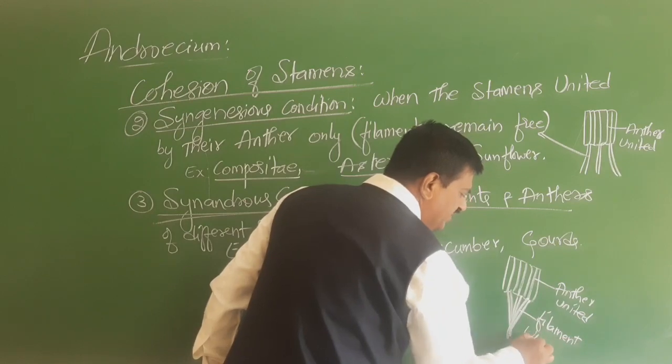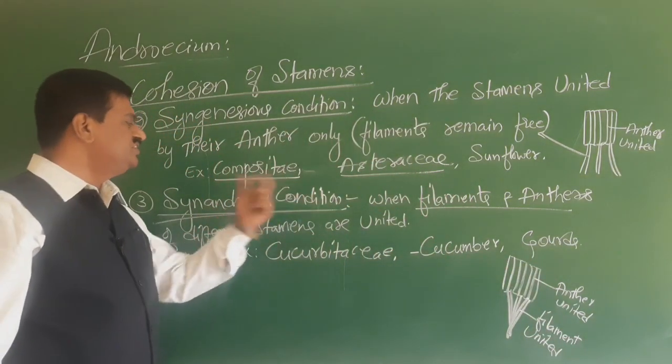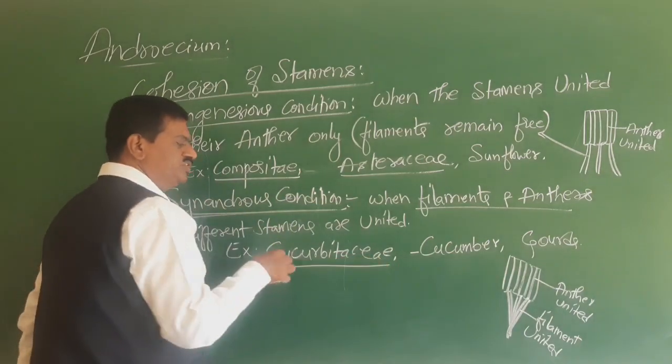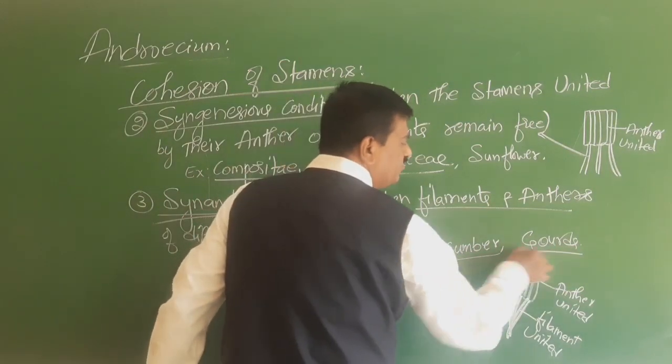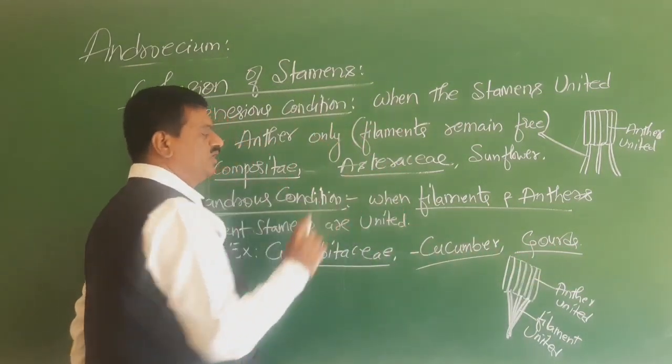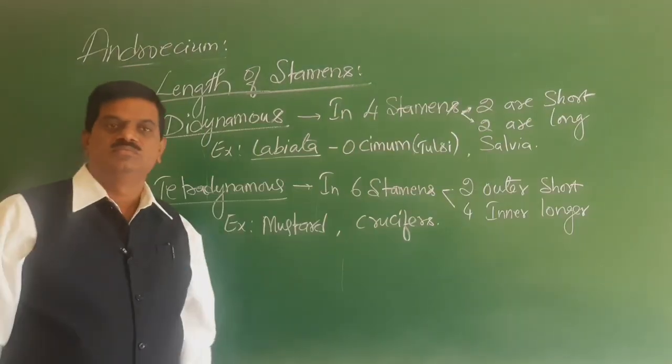That is called synandrous condition. This can be noticed in the Cucurbitaceae family, like cucumber and different types of gourds. In cucumber and gourds you can see synandrous conditions.